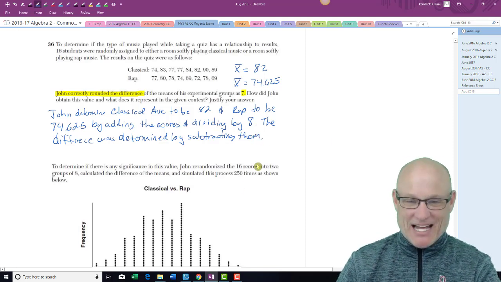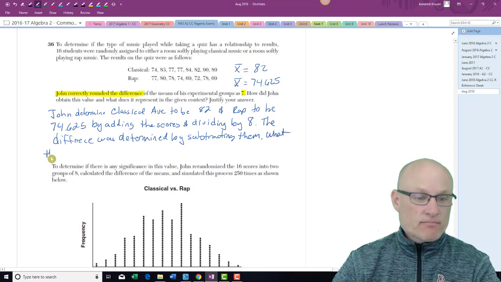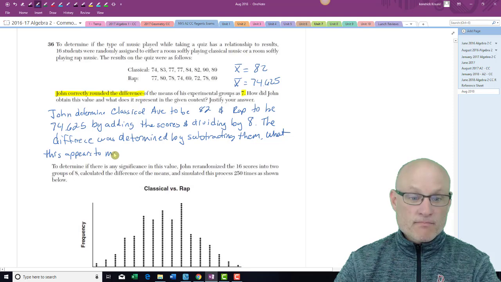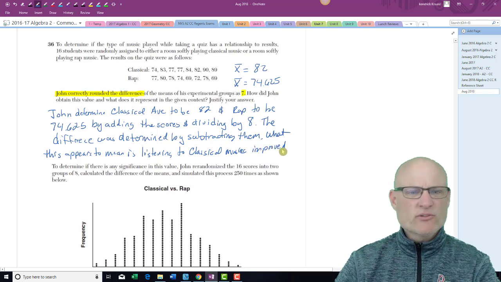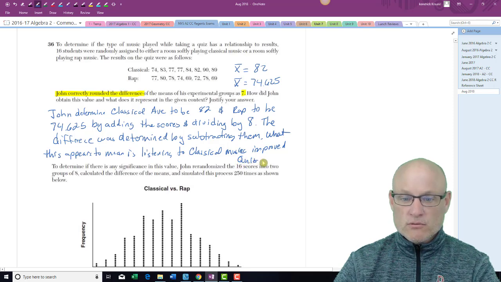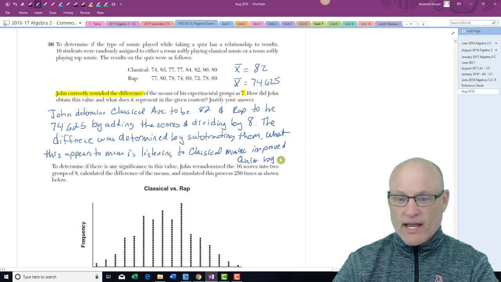Okay, now what does it mean in context? What this appears to mean is listening to classical music improved quiz scores by an average of 7%.